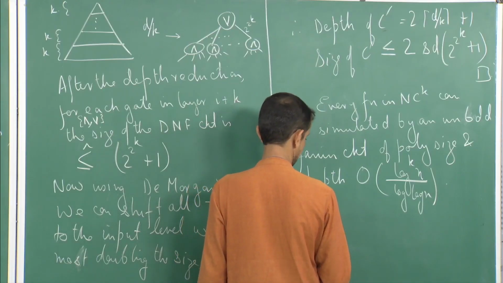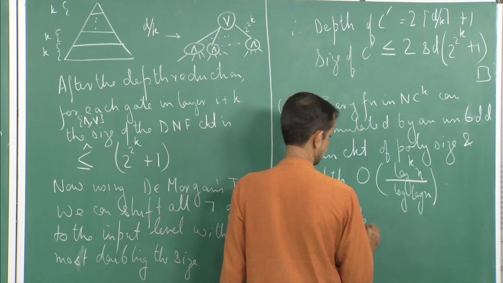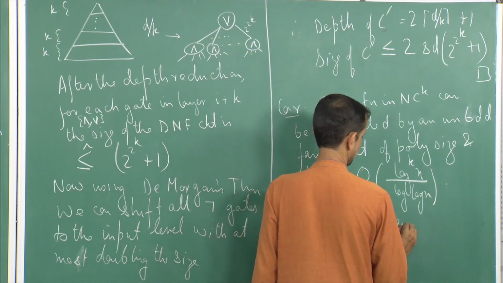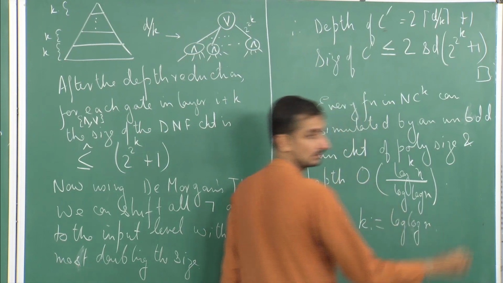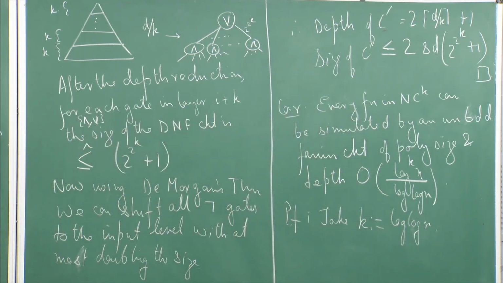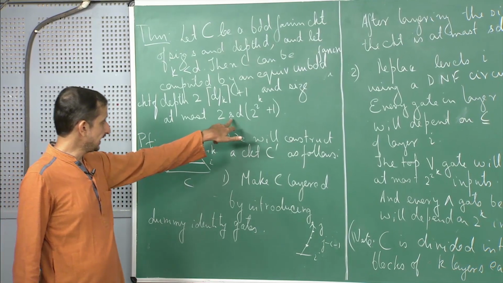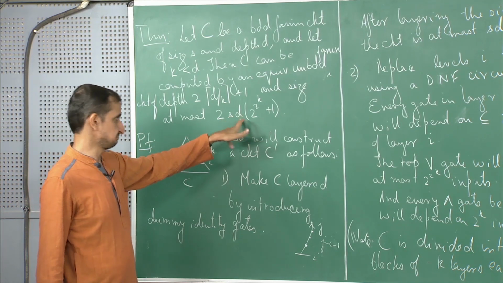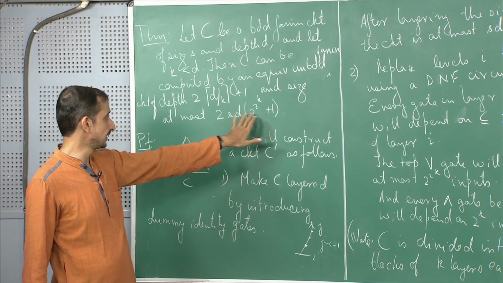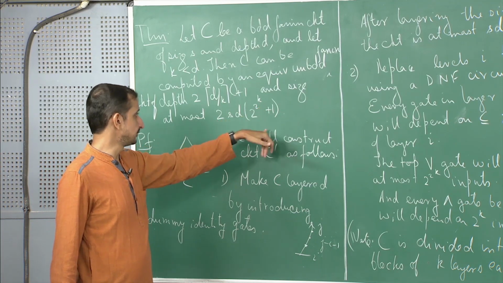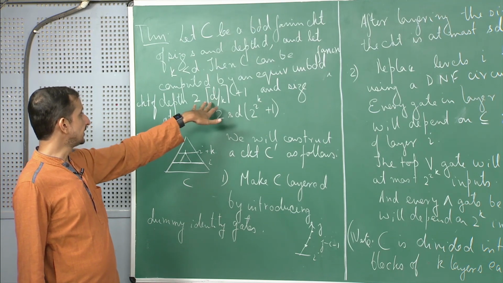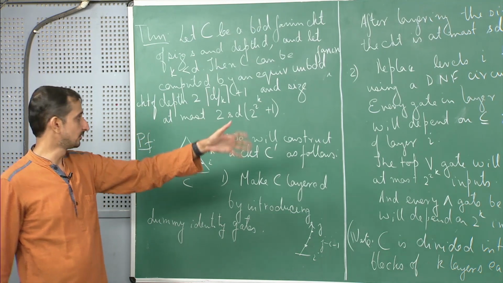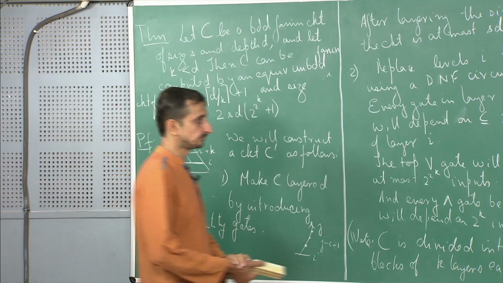You just take k to be equal to log n, that is it. If you take k to be equal to log n, then S times D, which is anyway bounded by a polynomial, times 2 to the power k, which is just n, plus 1 will still be a polynomial, but now the new depth is D by k, which is polylog divided by log n.